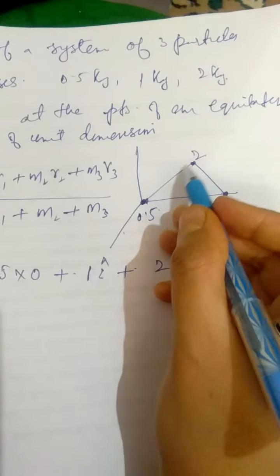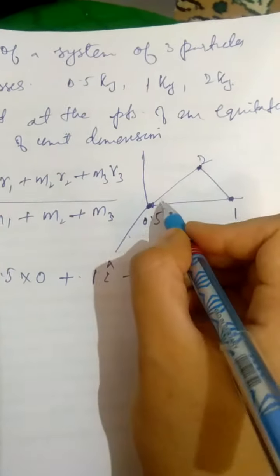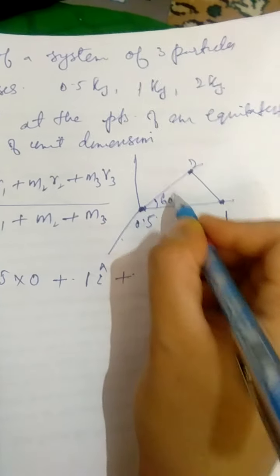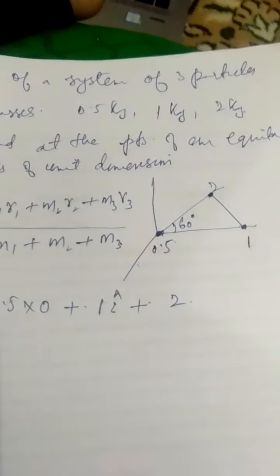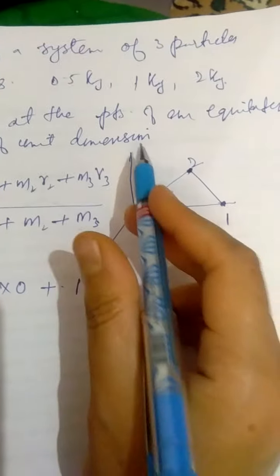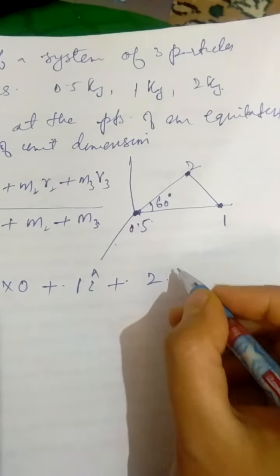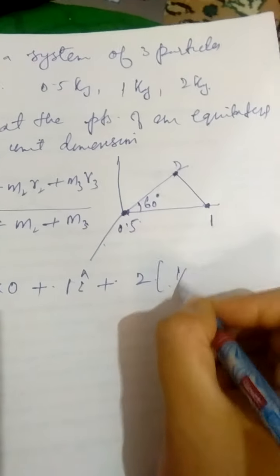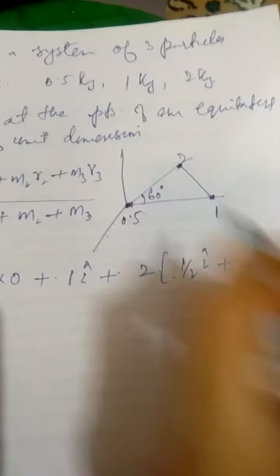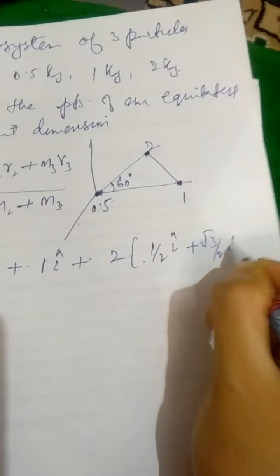We don't know its coordinates now, but we can find them. We can make use of this angle, right? So the cos component will be along this and the y component will be along this. We will be easily able to find its coordinates. So cos 60 is 1 by 2, the I component will be this much, and the j component will be sine 60, that is root 3 by 2 j.